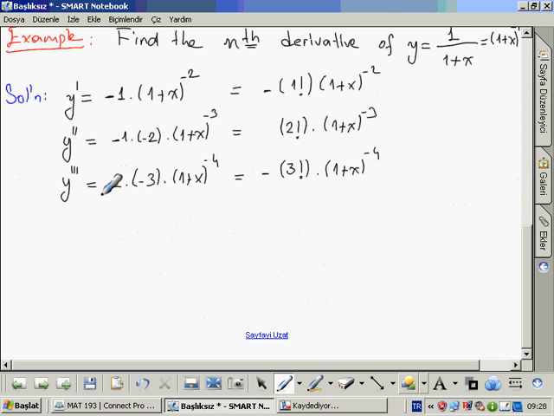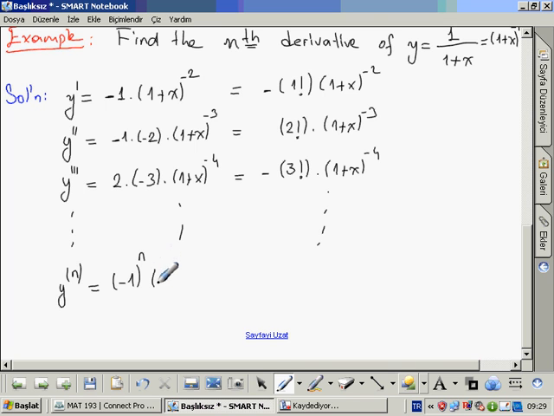And then it goes on like that, and the last step will be y to the power of n equals minus 1 to the power of n, which tells us the sign of the derivative. If n is odd, it would be negative, and if it is even, it will be positive.